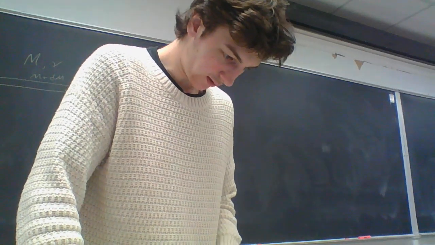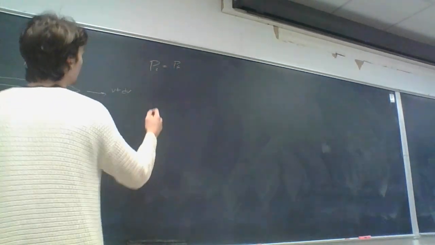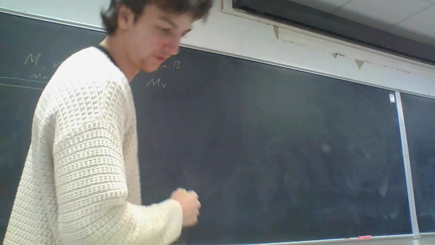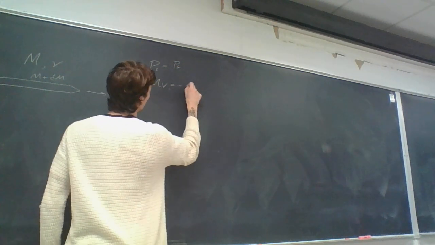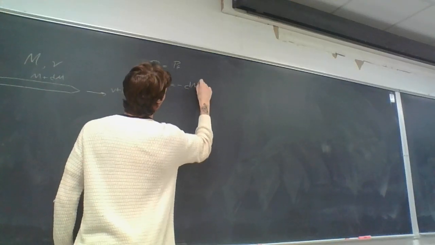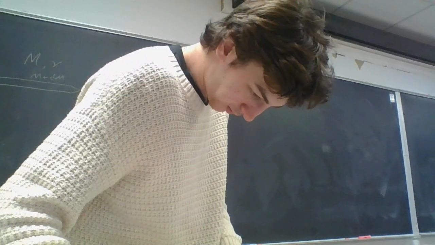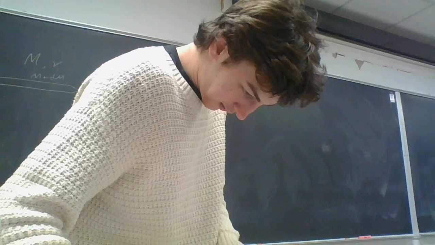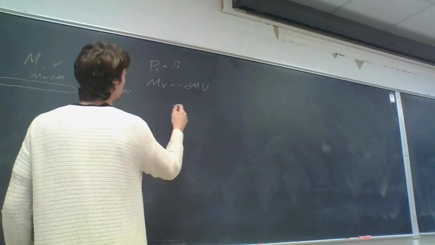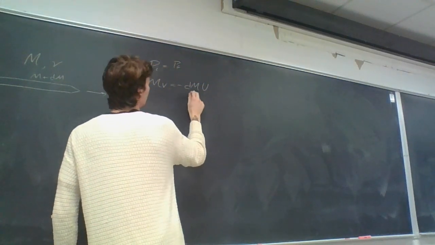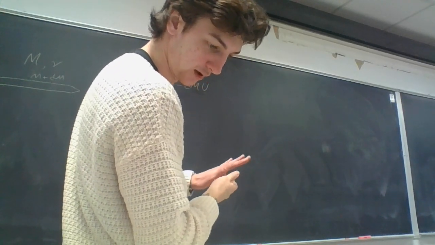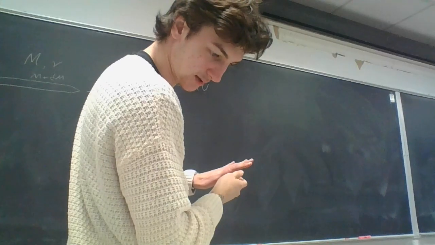So we're going to rewrite as big M times V is equal to minus dm u, and I think this is the decreasing mass and the velocity of the exhaust. That would be my guess.